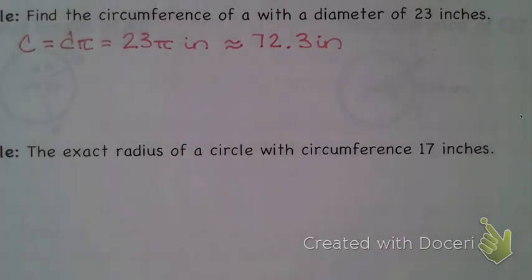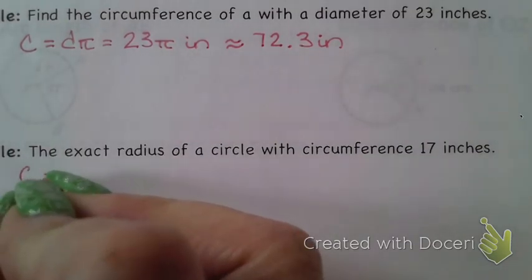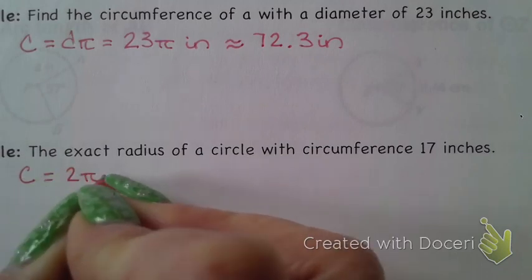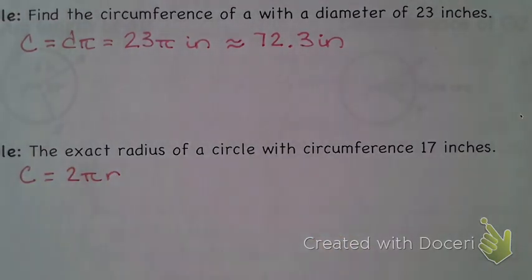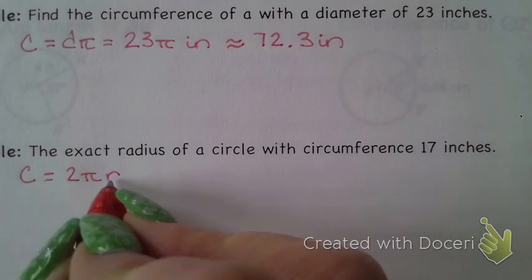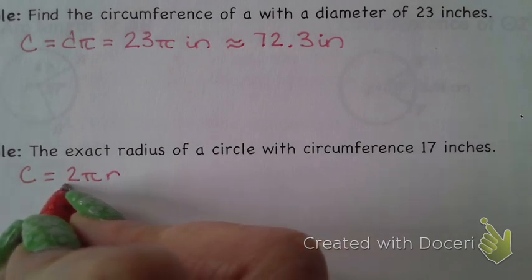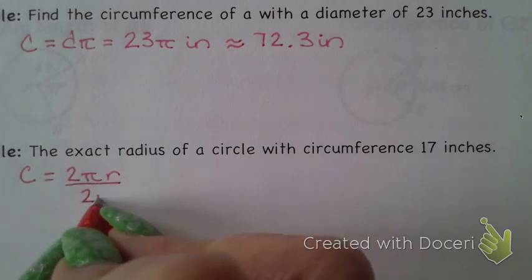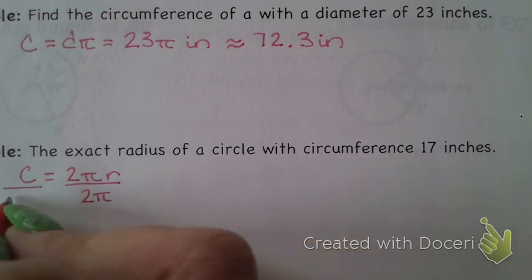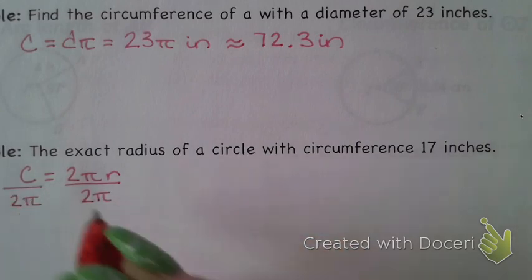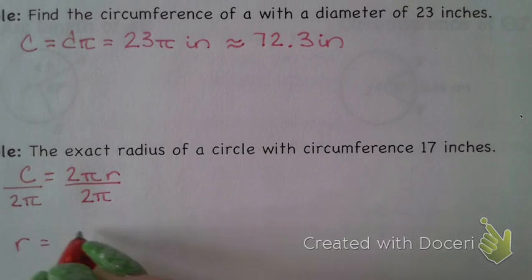I know that circumference equals 2 pi r, correct? And I want r, and this is all multiplication, so I undo multiplication by what? Division. So I'm going to divide by 2 pi on both sides. So r is going to equal circumference divided by 2 pi.